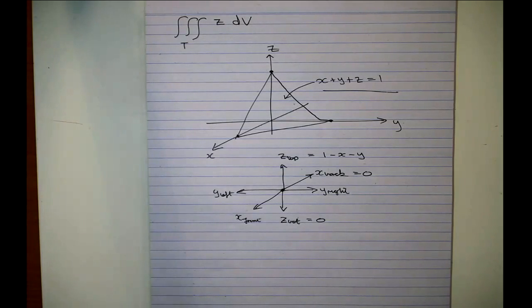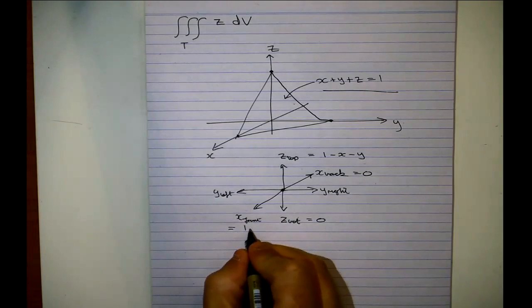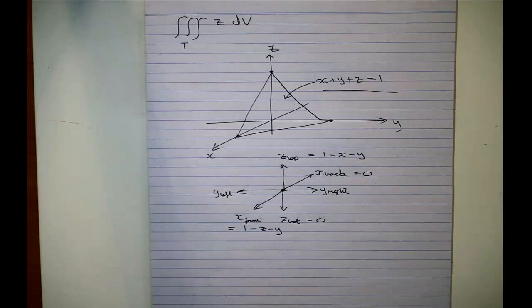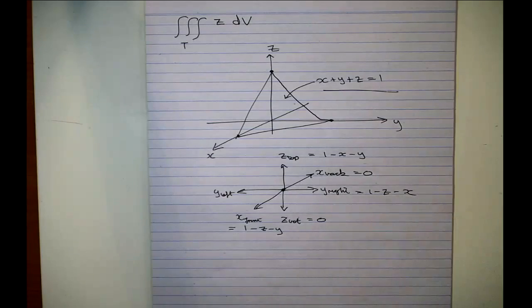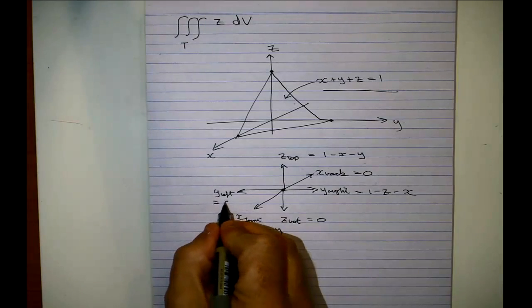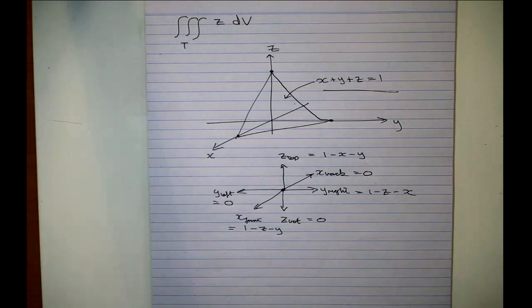So this solves for X. I look right, the way I've drawn it, I see this part of the plane. And I look left, I see the plane Y equals 0. So once I've figured all that out, then I can choose how to do it.